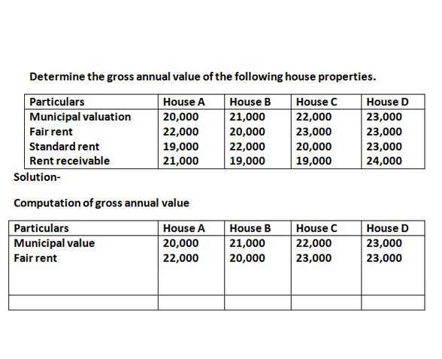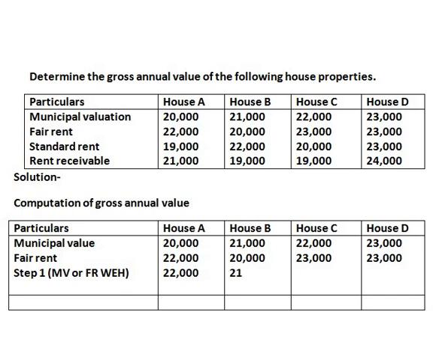The answer of step 1 is municipal value or fair rent, whichever value is higher. So step 1 is municipal value or fair rent, whichever is higher. So here 20,000 or 22,000, 22,000 is the highest amount.